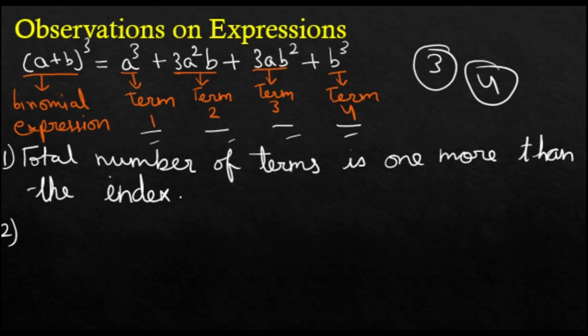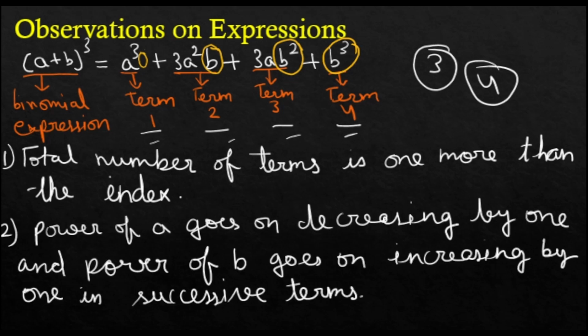And the power of B goes on increasing: no B at all, B power 1, B power 2, B power 3. So the power of A goes on decreasing by 1 and the power of B goes on increasing by 1 in successive terms.